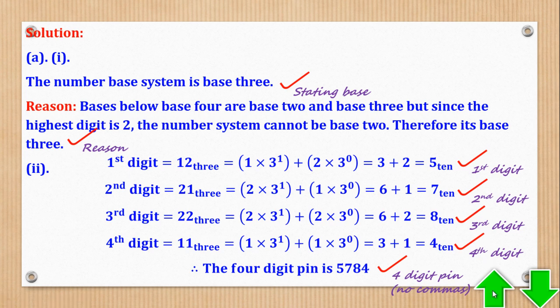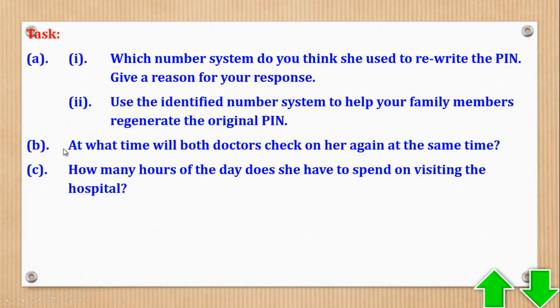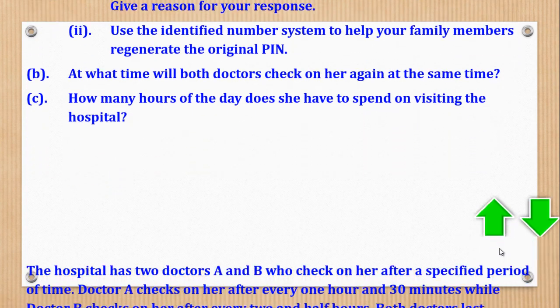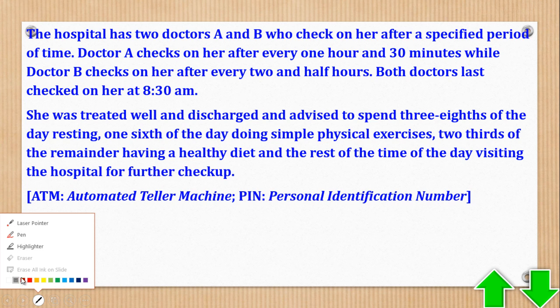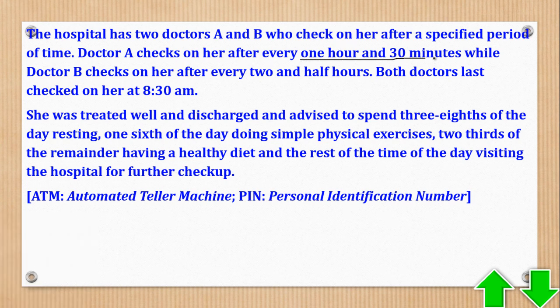Then for task B they said, at what time will both doctors check on her again at the same time? So we need to go back to our scenario. Here the first doctor A checks on her after every one and a half hours, and this one after every 2.5 hours.